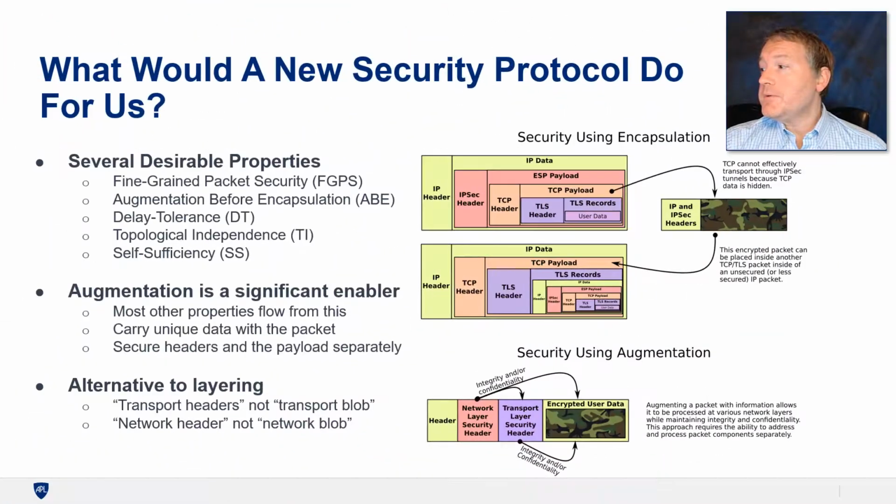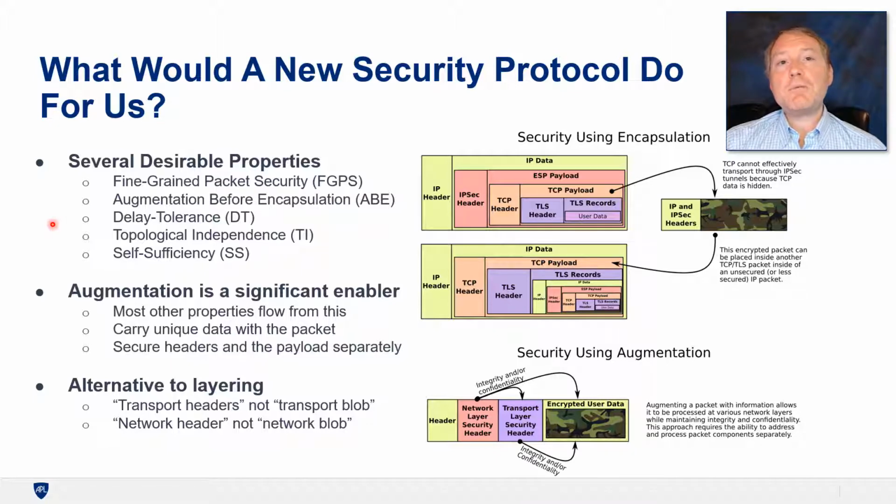What a new security protocol would have to do are these 5 things. The first is a fine-grained packet security. The ability to target individual contents of a packet gives a flatter security namespace. And what that leads to is a concept of augmentation before encapsulation.